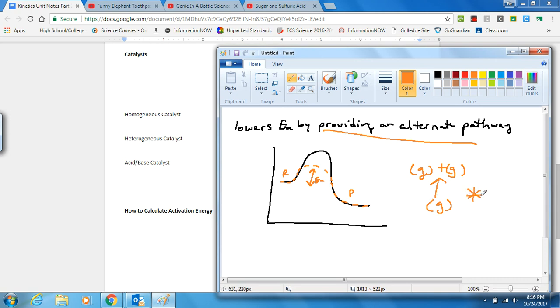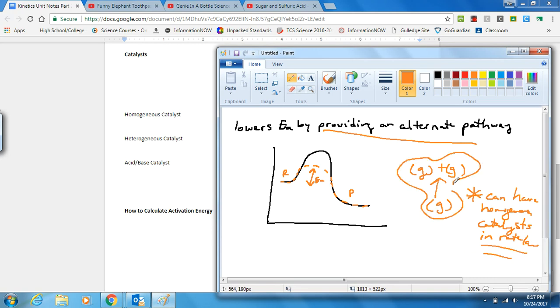This is the scenario where you can have a homogeneous catalyst included in your rate laws, but this is the only time that's the case. The reason is that since it's the same state of matter, it could actually alter the rate law.